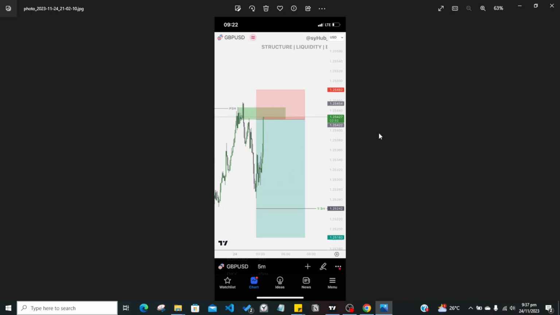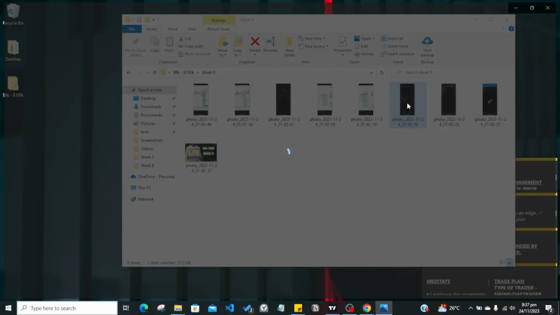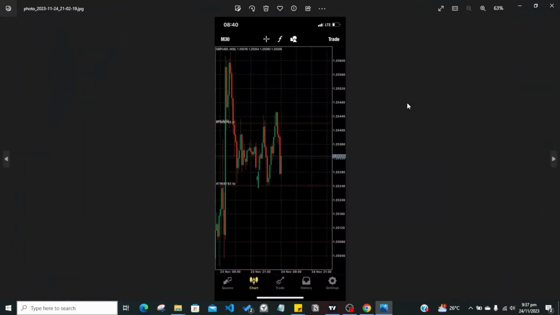It was really painful because I could have taken partial here, or I could have just reduced my stop by a pip, and I would have gotten out at 1:3, which would have made me win 2 out of 2 trades this week for a 100% win rate. But at the end of this week, I just had a 33% win rate, which isn't bad because last week I had break even. So a 33% win rate this week is a good one.